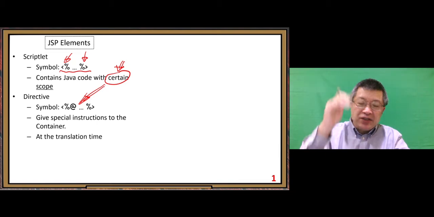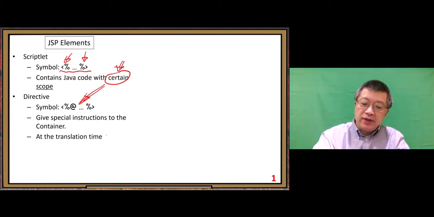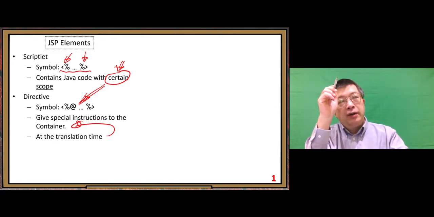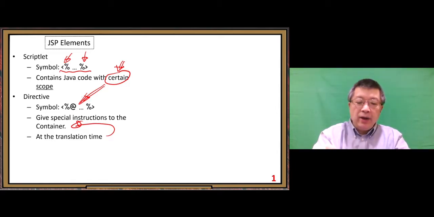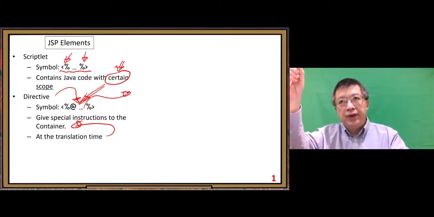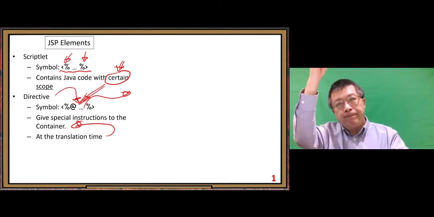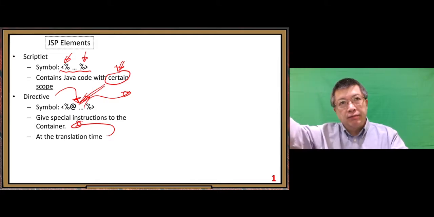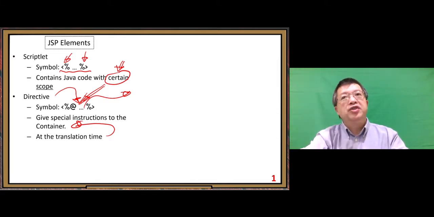At translation time, it occurs. That is when the JSP directive information is translated into the servlet file. We know every JSP must be translated into a servlet.